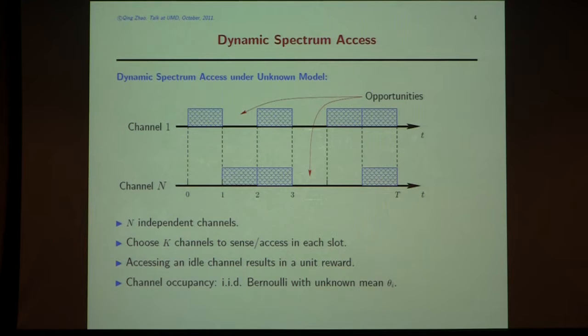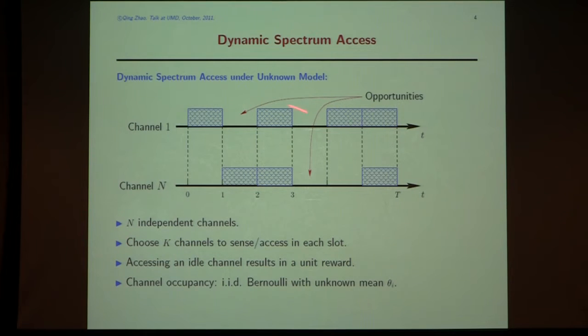Due to limited sensing capability, at the beginning of each slot we can only sense a subset, say k, out of the n channels. Again, it is a selection problem: among these n channels at any given slot, which k should we sense? If we take an idle slot, we get a unit reward. If it's busy, we get nothing.